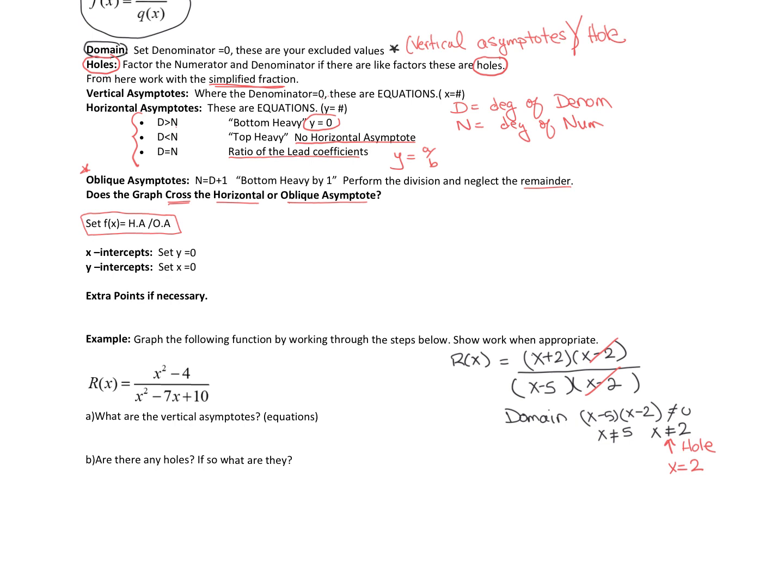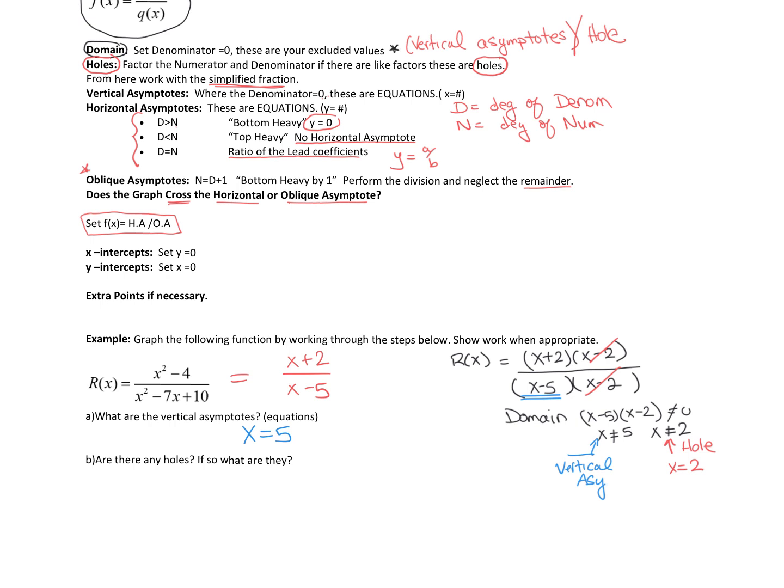And since the second piece, this x minus 5, is still remaining, this means you're going to have a vertical asymptote at x equals 5. So the vertical asymptote equation is x equals 5. Our new function, our reduced function, is x plus 2 over x minus 5.